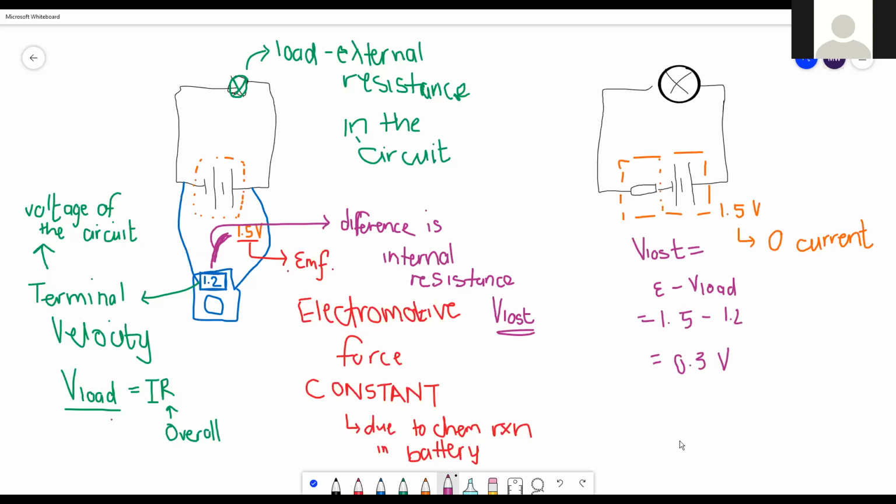So what we are saying is that this battery basically uses 0.3 volts to let this chemical reaction take place and let the electrons run from the one side of the battery to the other side of the battery. Does that make sense to everyone?